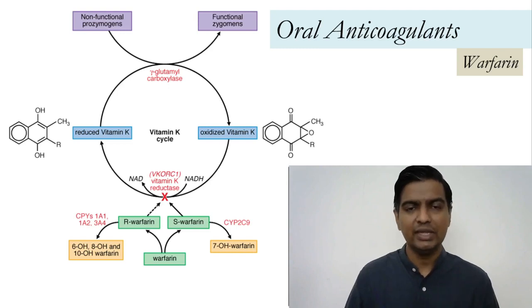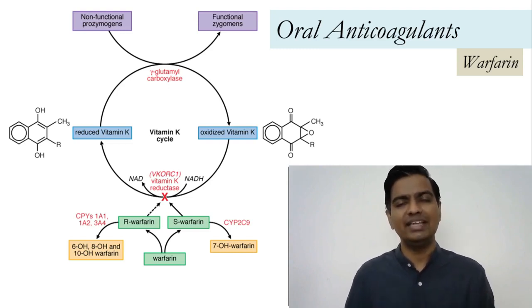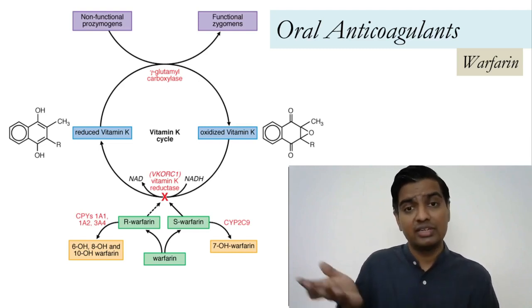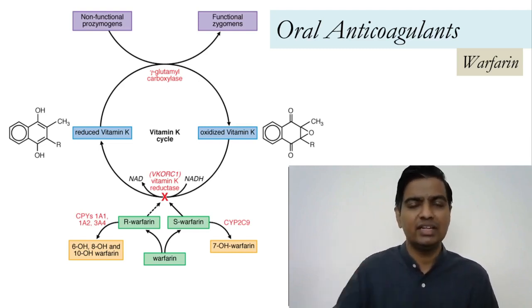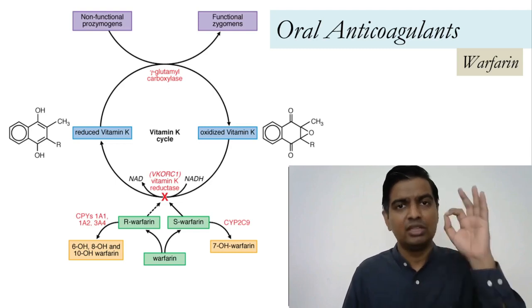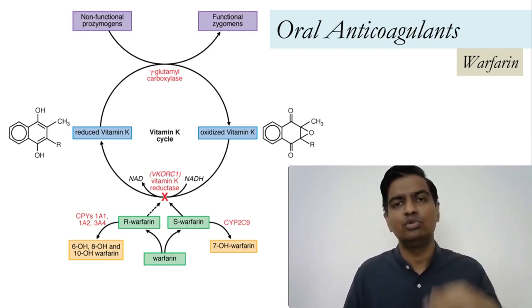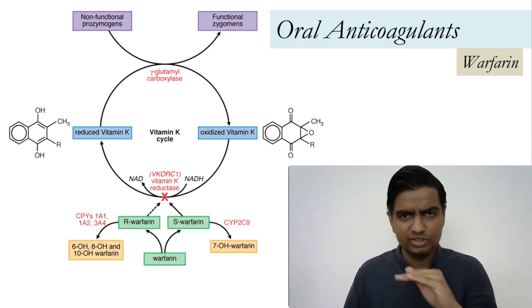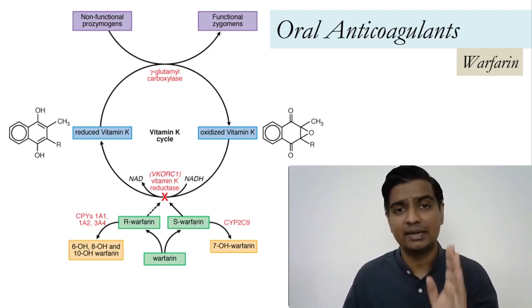Slowly and gradually, the amount of reduced vitamin K in the body will start to decline, and oxidized, useless vitamin K will increase, and at that time the production of functional zymogen will either decrease or stop. Simple. That's the entire plan.